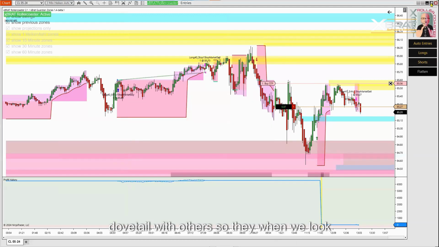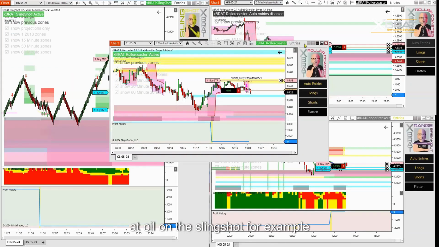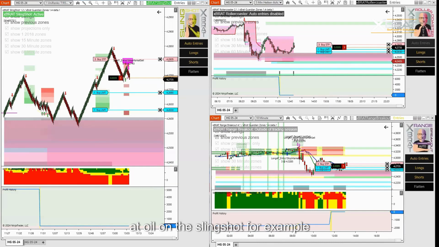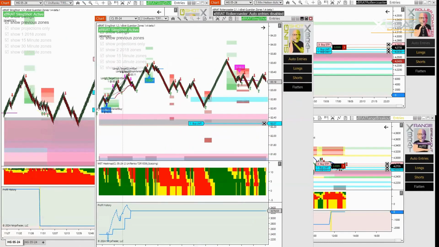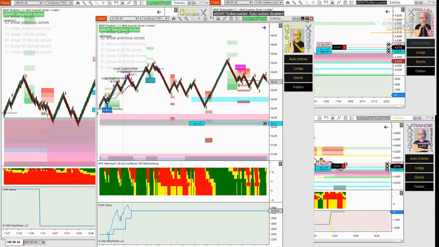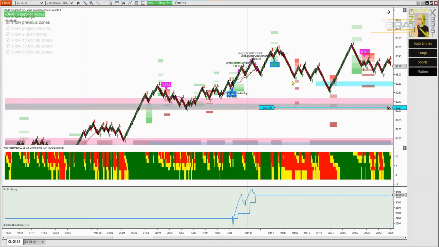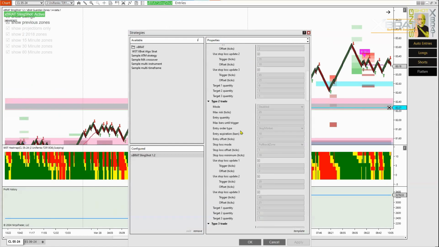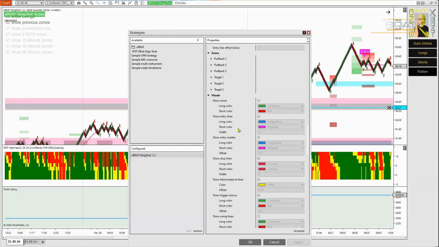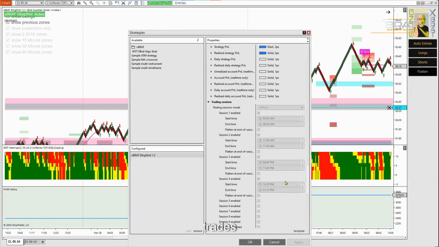So when we look at oil on the Slingshot, for example, that trades, we've got the overlap, 12:30 p.m. to 1:15 p.m. That's fine, okay.